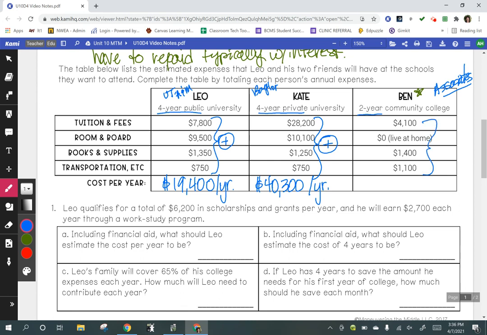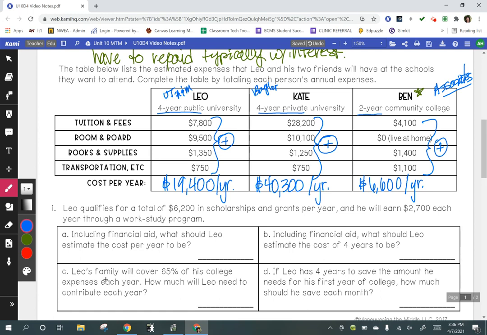If I add up all of those expenses for him, he's at $6,600 per year. Now, that won't get you that bachelor's degree, that undergrad degree that a lot of students get.